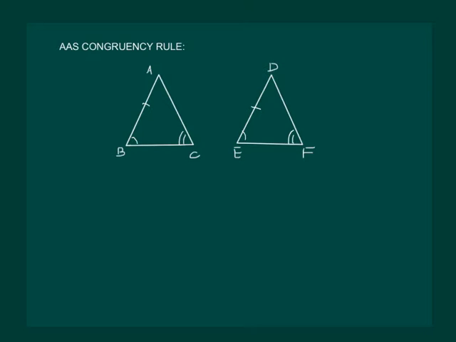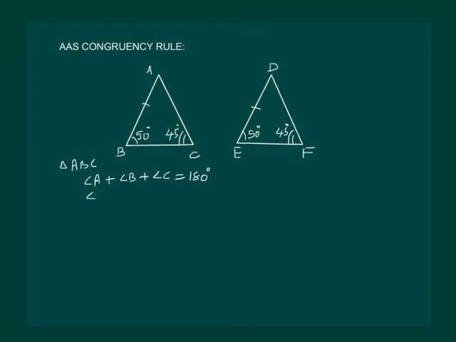Say we take angle B to be 50 degrees, then angle E should also be 50 degrees. If angle C is 45 degrees, angle F is also given as 45 degrees. Then clearly in triangle ABC we have angle A plus angle B plus angle C equal to 180 degrees, as the sum of the angles of a triangle is 180.